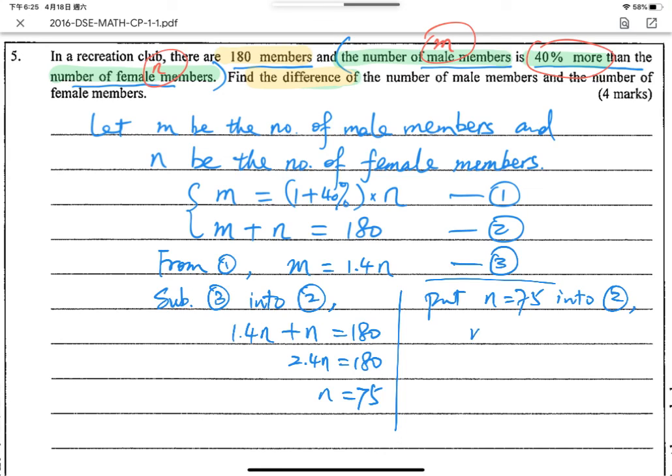So we have M plus 75 equal to 180. So M equal to 105. Therefore the difference equal to the number of male members 105 minus the number of female members 75. So we got 30. So the difference is 30. So that's it for this example.